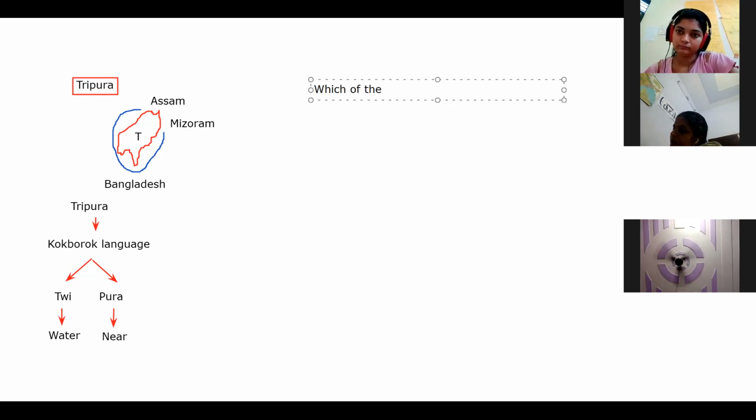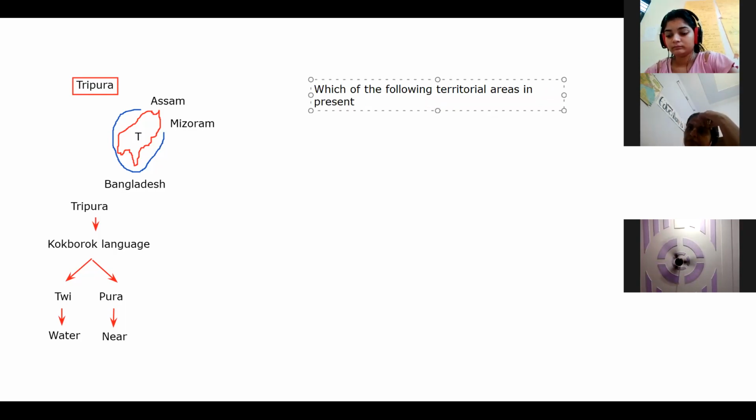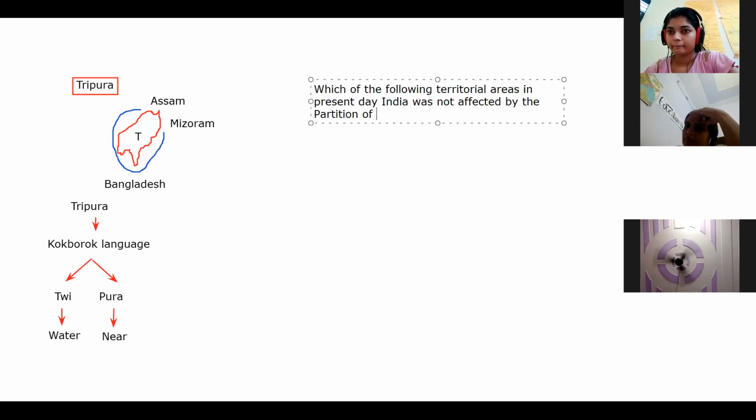Just taking one question: which of the following territorial areas in present day India was not affected by the partition of Bengal? इनमें से कौन सा एरिया है जो 1905 में बंगाल की पार्टीशन से अफेक्ट नहीं हुआ?